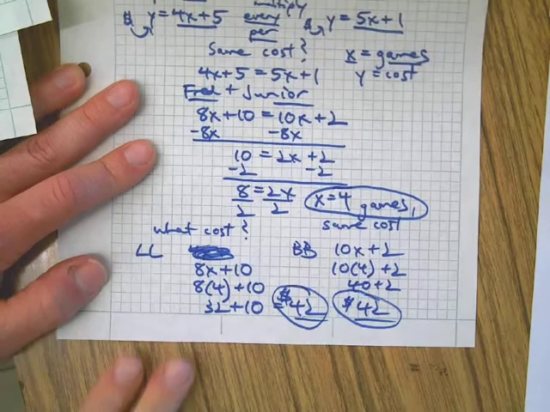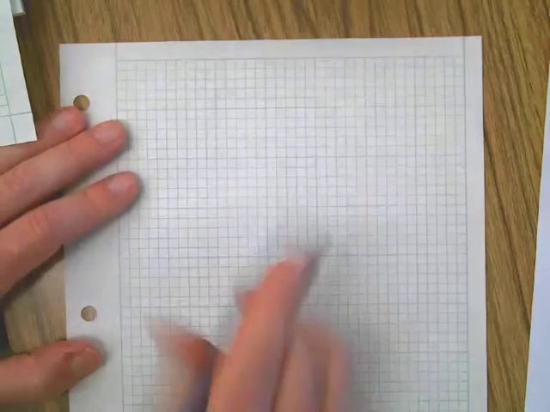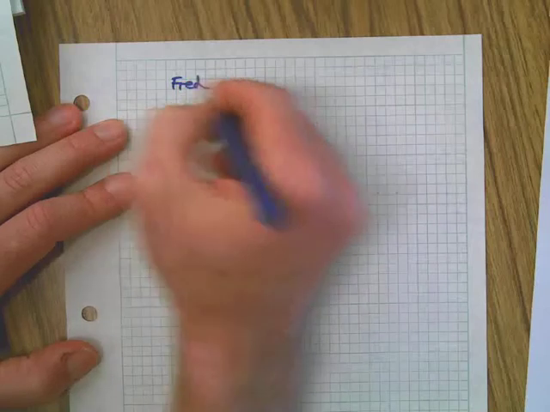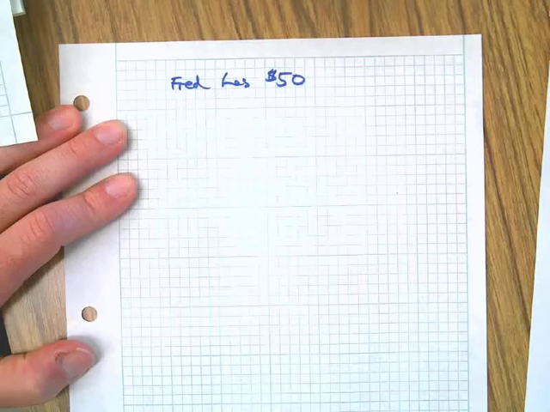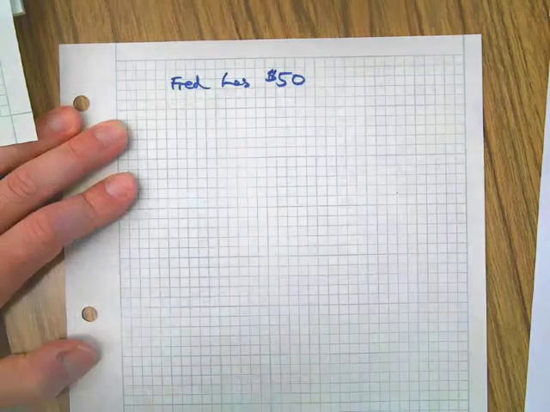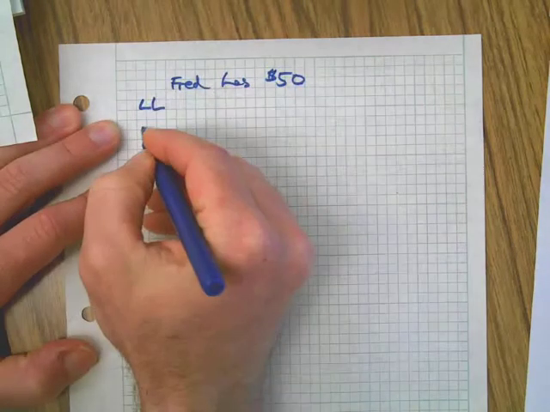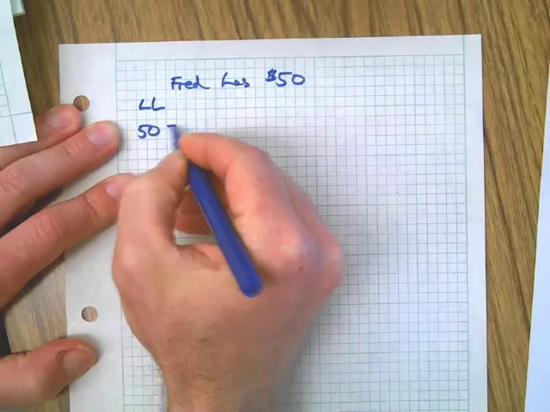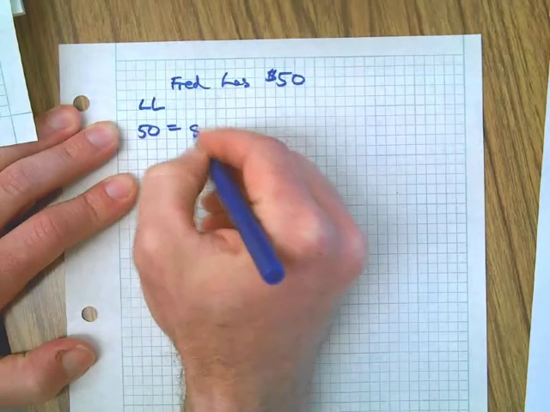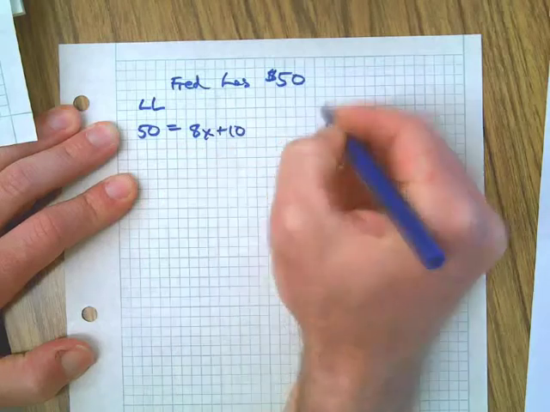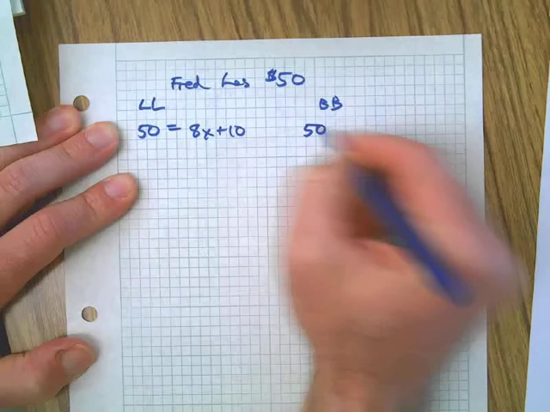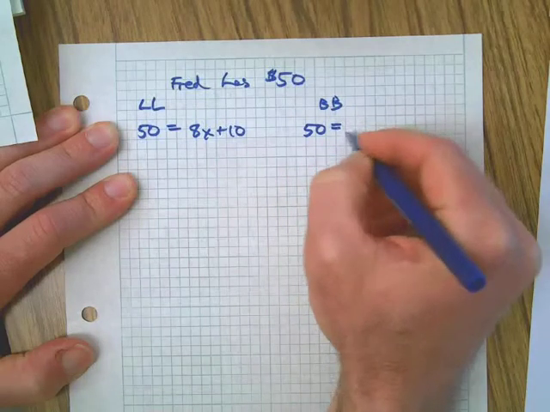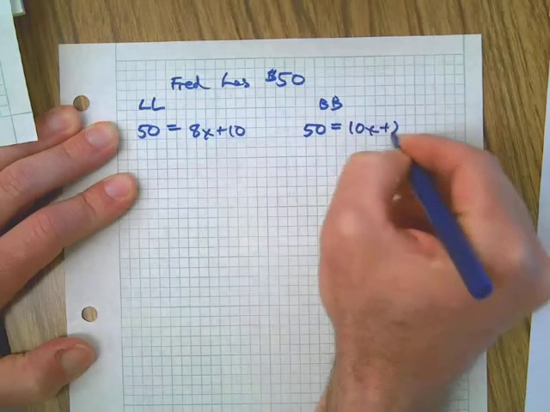We had one final question here, which was Fred has $50. At which bowling alley can he bowl the most games? So Lumpy Lanes, we say $50 equals 8x plus 10. At Bouncy Bowl, $50 equals 10x plus 2.